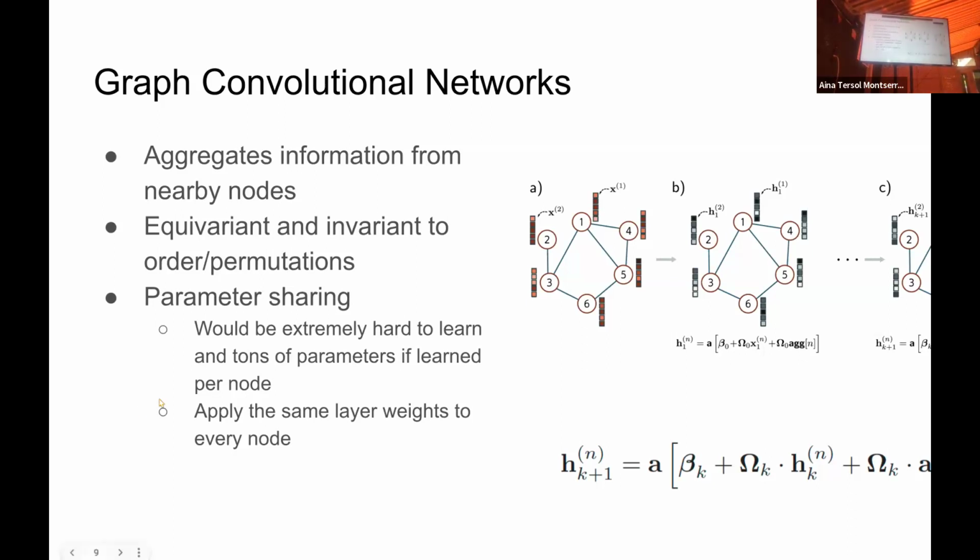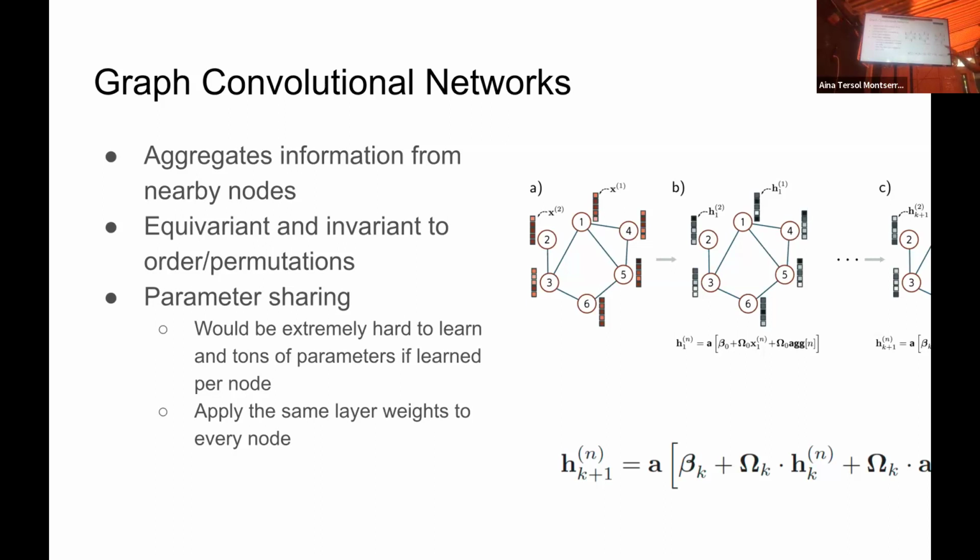One other piece, the parameter sharing. The interesting thing about this is that this layer is actually the same everywhere for all of these different nodes. If we were doing this with some other neural network setup, we might have a different parameter for every single node, and that would end up being a massive amount of work because you have to learn parameters for every single node in your network.